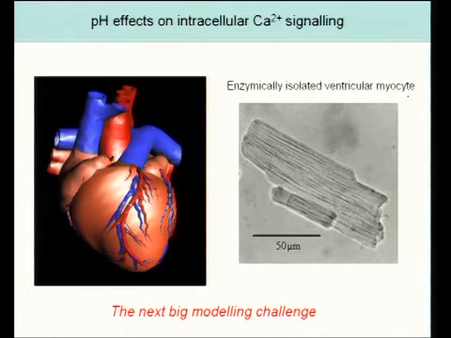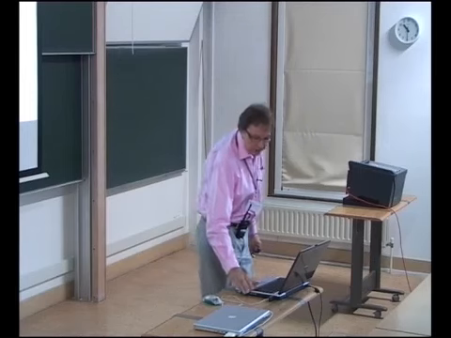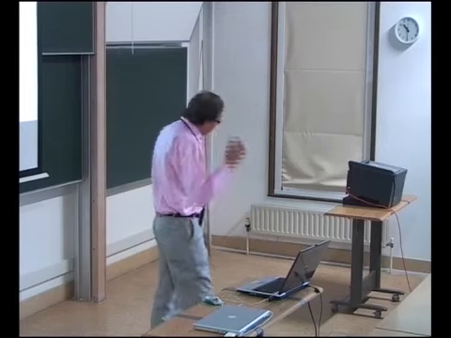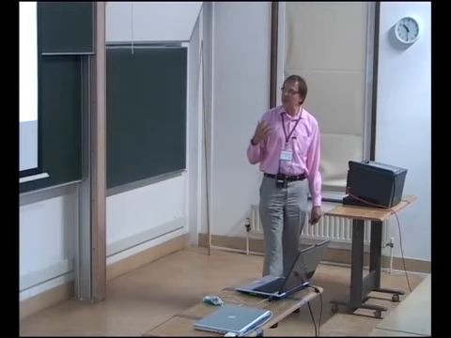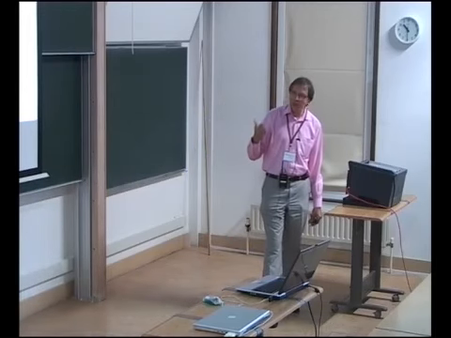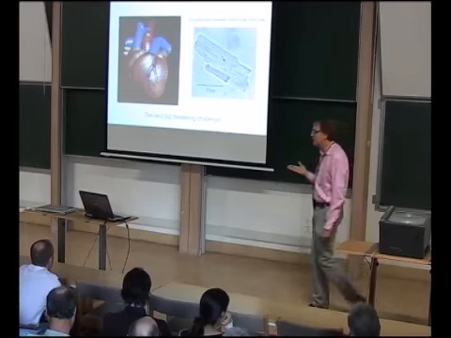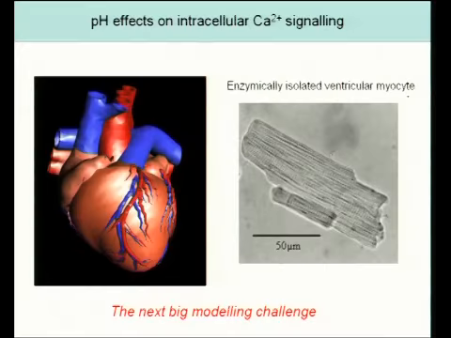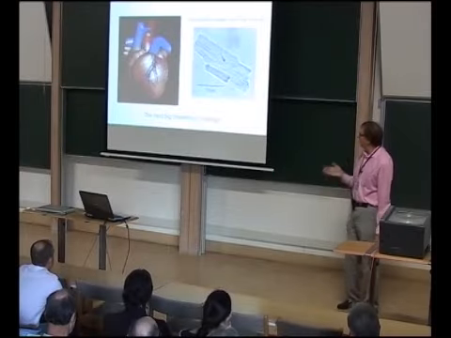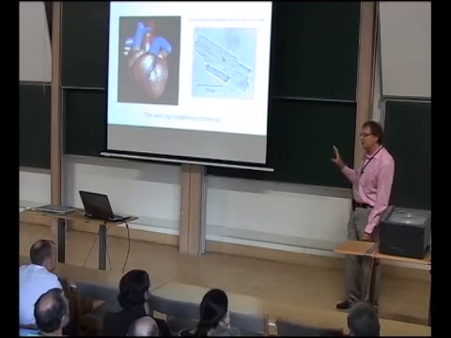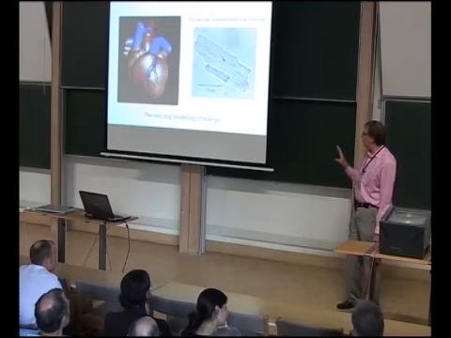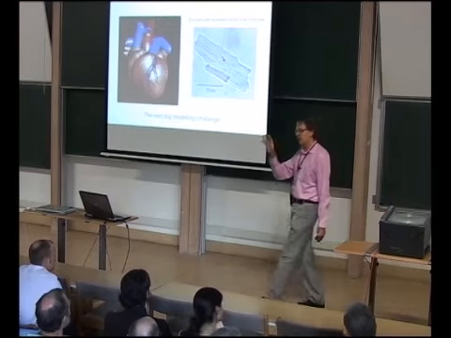So the next big modeling challenge, and I've got a few slides to finish on, is how does this system affect the function of the cell? I've said that the cell would close down if protons were allowed to accumulate within cardiac cells. And the effect of acid on cardiac function that I'm going to describe today will be the effect on the calcium signaling system in cardiac cells. Now, this has been modeled previously, and there are a number of conceptual models.